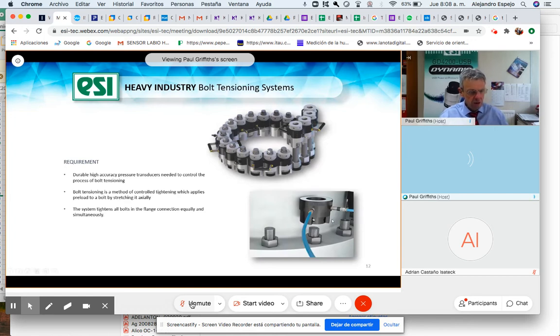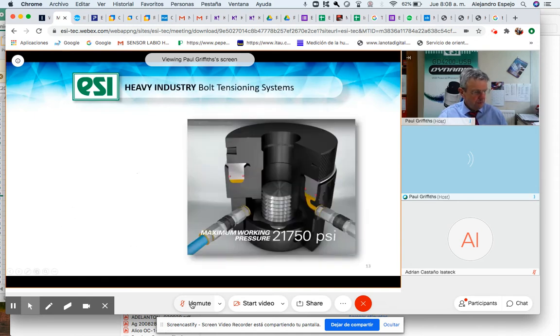So there are several manufacturers who make this type of device that guarantees that the right torque is applied, and that is then recorded to a system for verification.